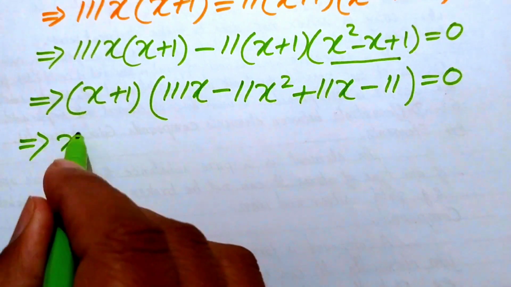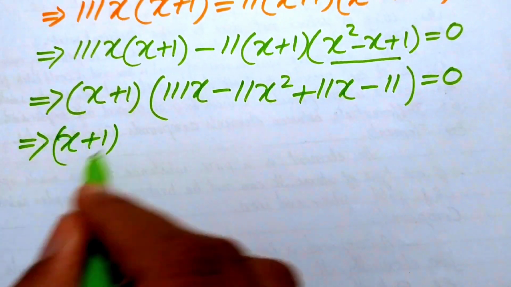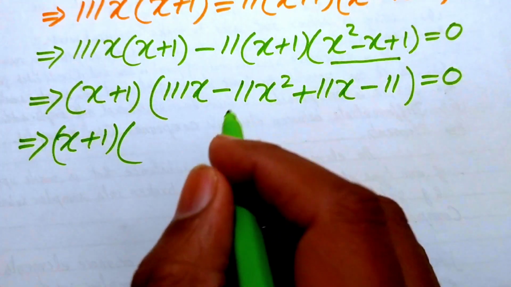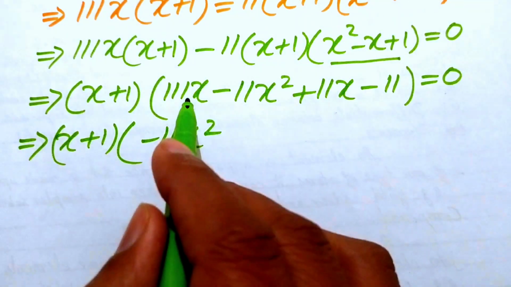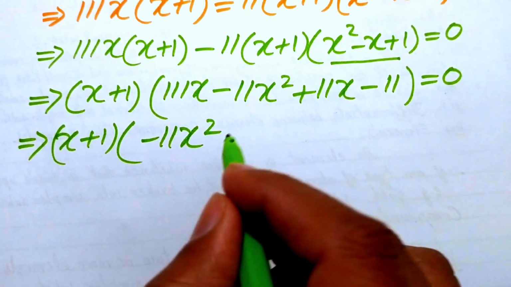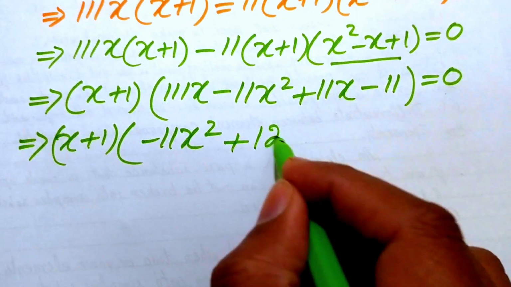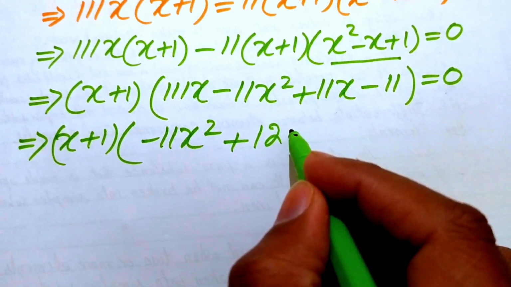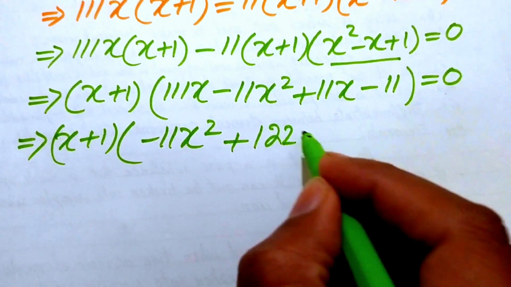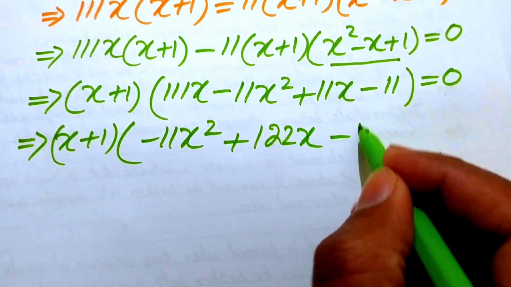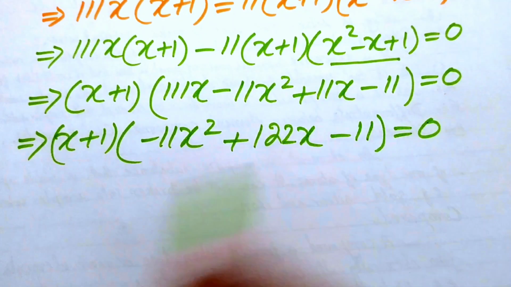Our first factor is x plus 1, and the second factor which we simplify is minus 11x square, and 111x plus 11x equals 122x and minus 11 equals 0.